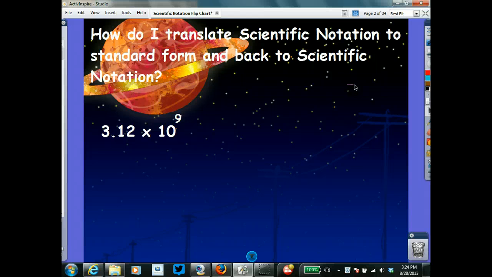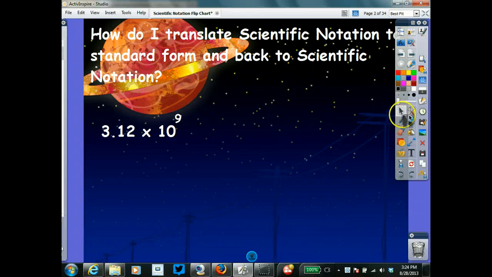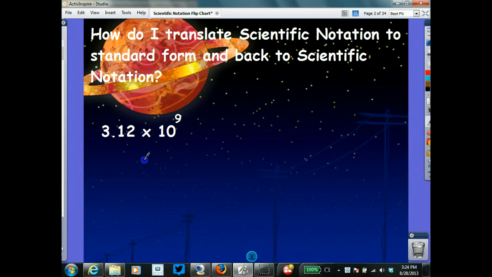If I look at this, how do I translate scientific notation to standard form and then back to scientific notation? Well, as we get started here, first of all, this is a positive exponent. That's going to tell me how many spaces I need to move my decimal. When it's positive, for example, here I have 3.12, I'm going to simply move my decimal 9 spots to the right.